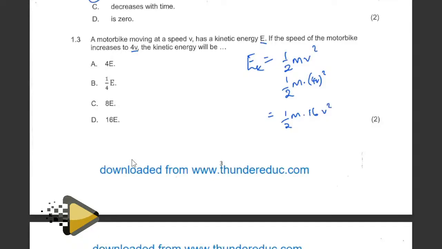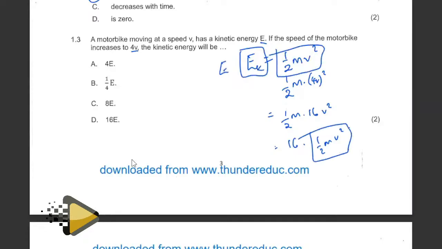Do we need to simplify that? Not really, because I'm seeing a 16, so it would be 16 multiplied by a half mv squared. If E was a half mv squared, then our overall energy is going to be 16 times. That is 1.3, and the answer is 16E.